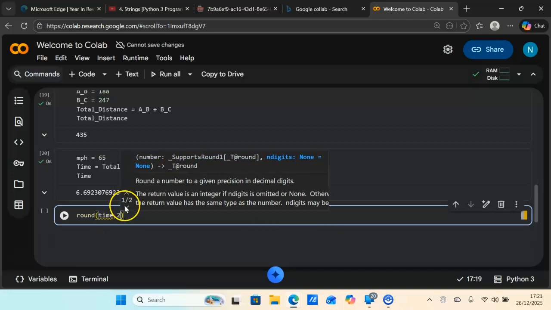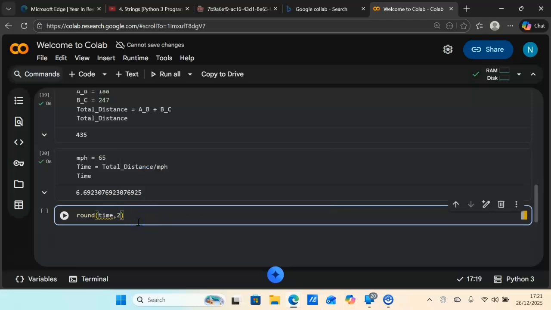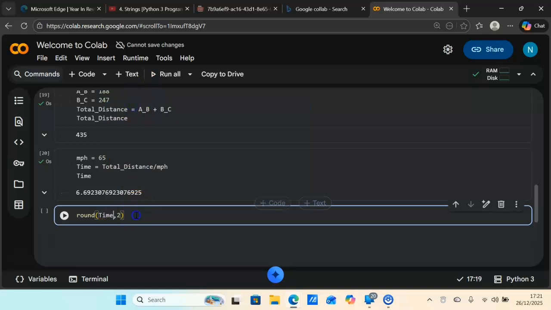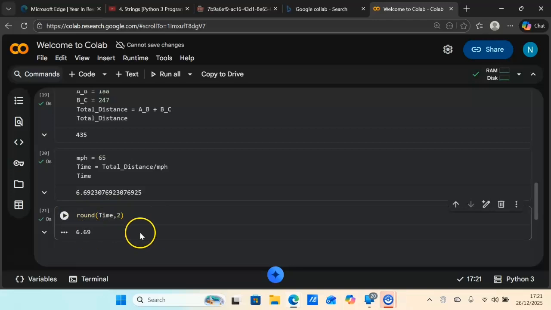So you're just going to see here, you say round up your number to a given precision in decimal digits, and so for this, okay, the time here, actually the time is in capital letter. So you have time, yes, so you have it here. So when you round your time to 2 decimal places, you see you have 6.69.